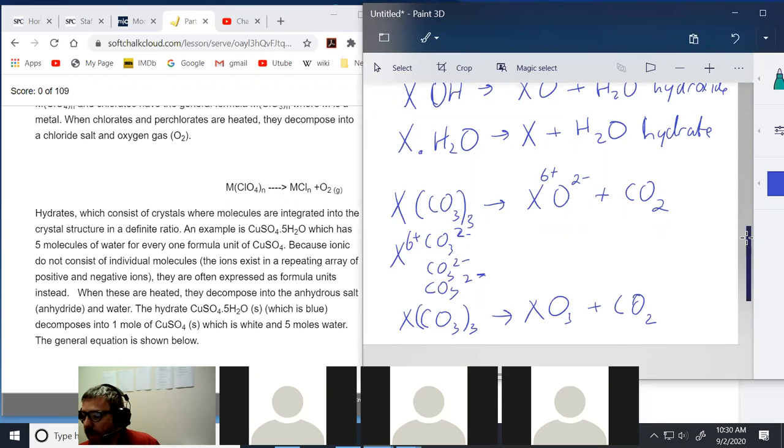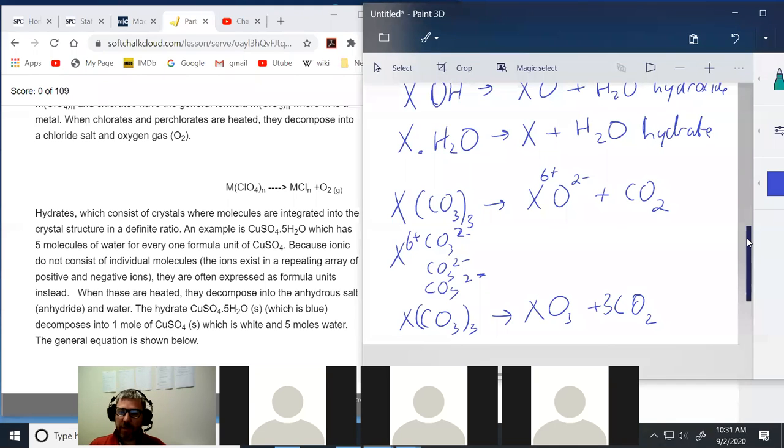So I put a 3 in front of the CO2 to balance out the carbons. And if you look at that, you've got 3 times 2 is 6, plus 3 is 9, which balances out the carbonate as well. So that's how you would balance that. All right, does anybody have any questions about those? These are on the test, so that's why I'm doing them.